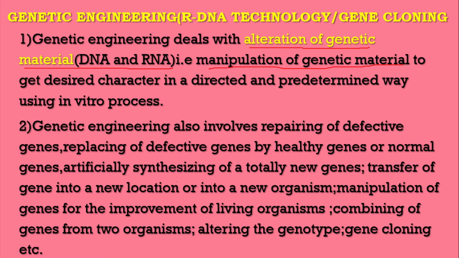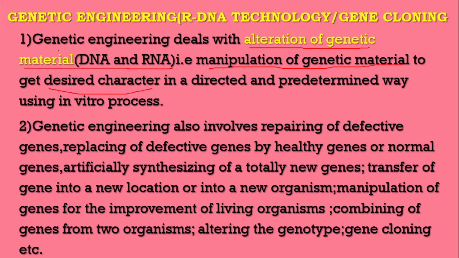To get the desired characters. Whatever character we need, those characters are called desired characters. And in a directed and predetermined way, using an in vitro process, when some changes or manipulation or alteration is done in genetic material, that is nothing but genetic engineering.